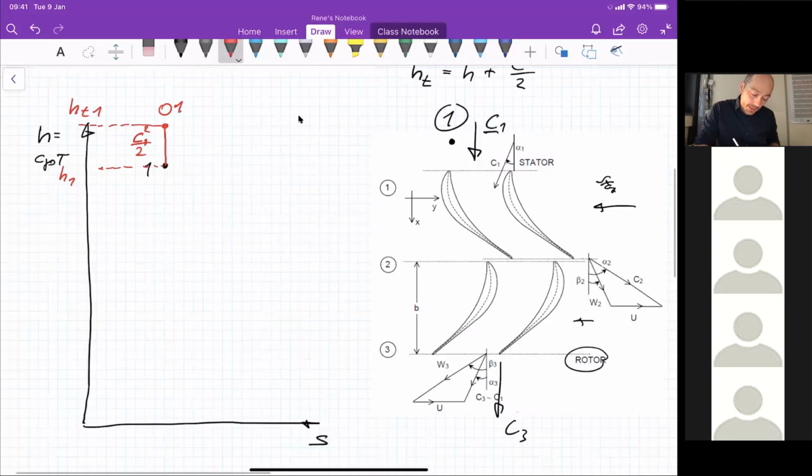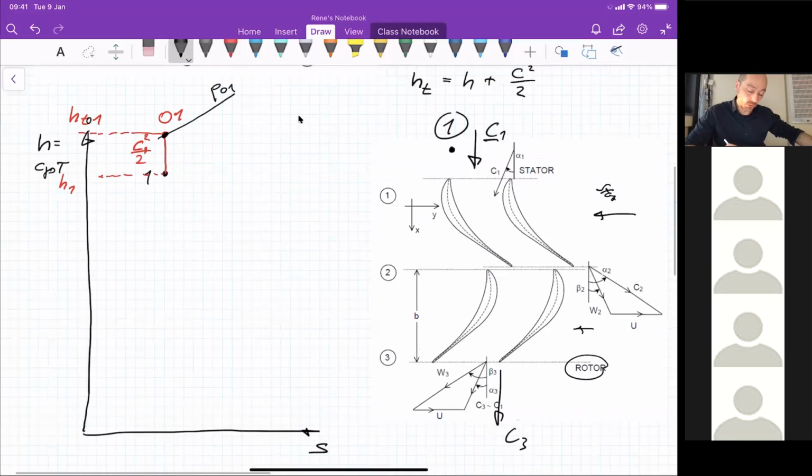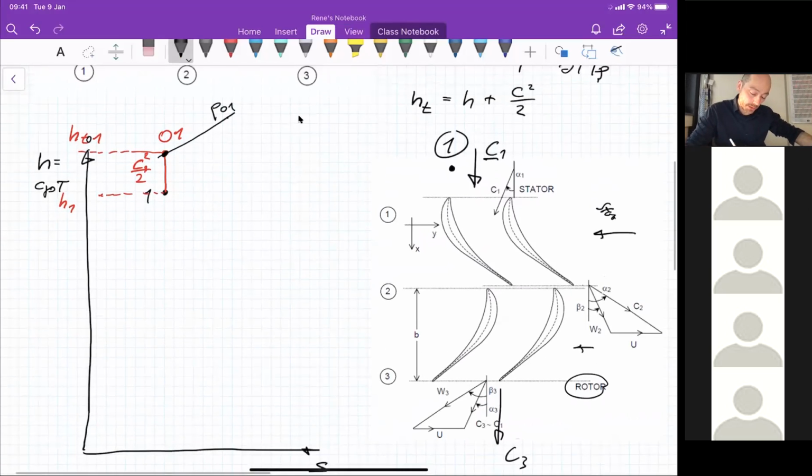And then for the HS diagram, of course, I will have here a P0,1, the total pressure at the inlet, the total enthalpy at the inlet, which is this one here, and of course total density, anything, because in the HS diagram, I know two thermodynamic quantities, the total pressure and total temperature, and I can define my point in the thermodynamic plane.